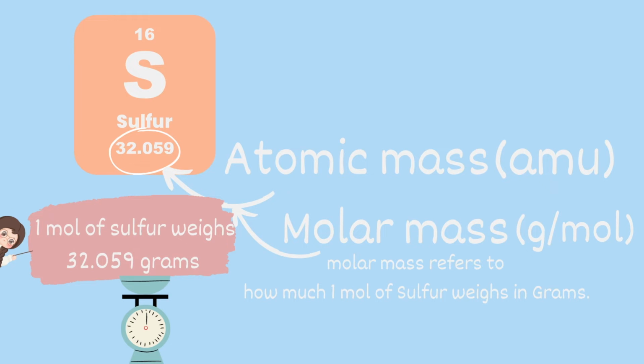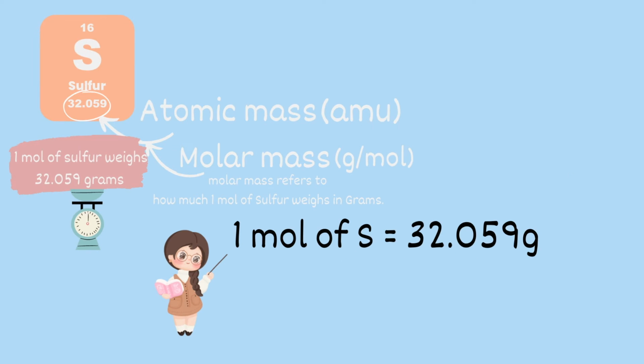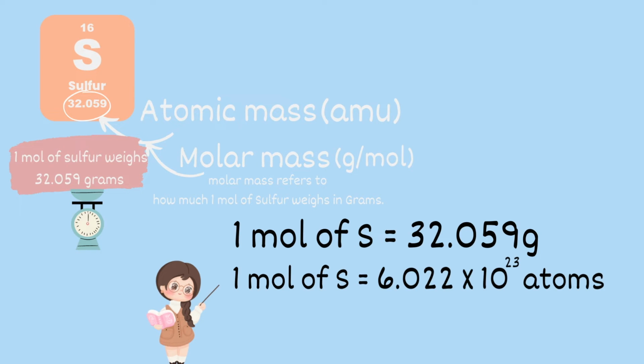Let's put all of that information together and see what we get. 1 mole of sulfur is 32.059 grams. 1 mole of sulfur is also equal to 6.022 times 10 to the 23rd atoms.